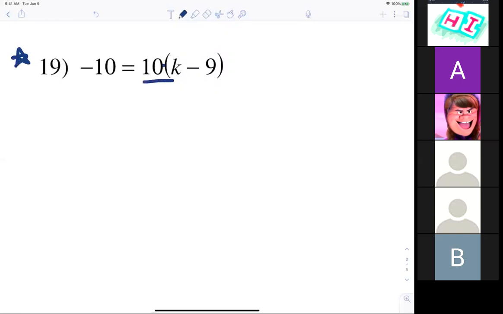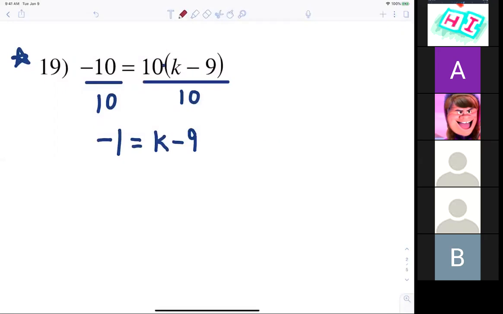So I'm going to divide by 10. Does everybody see that? And what's -10 divided by 10? -1. There we go.